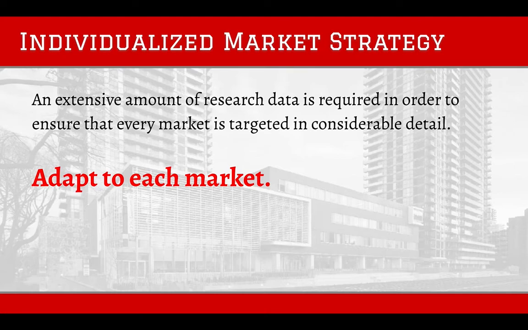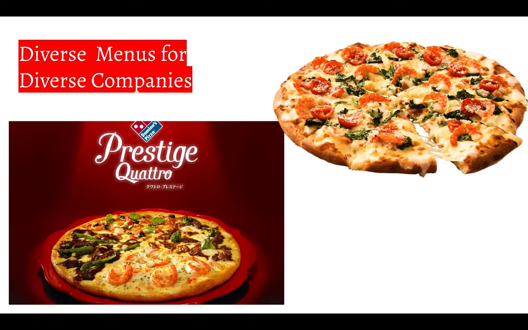This might work out because there is a lot of market research done, and so you know what you're getting into, and you create a very, very specific type of ad campaign. But on the other hand, it costs a lot of money too, so there might be less profit. So individualized meaning adapt to each market that's out there. So Domino's Pizza would be an example of that.